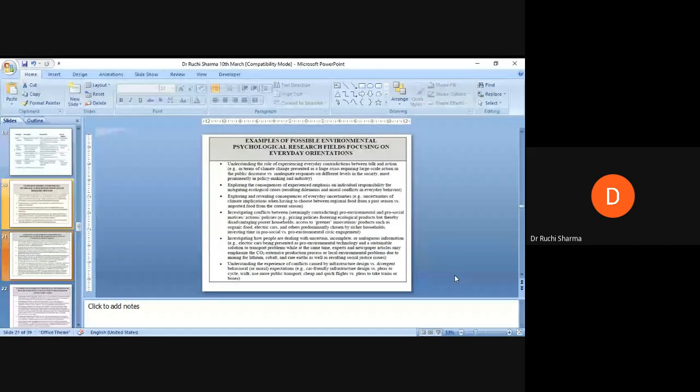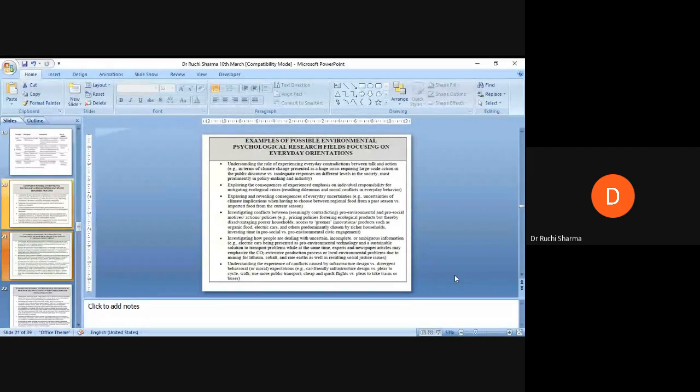So, understanding the experience of conflicts caused by infrastructure design versus divergent behavior or moral expectations is taken into consideration. For example, car-friendly infrastructure design: on one hand, the infrastructure is made so that people can have smooth driving experiences, and on the other hand, we are asking them to use more cycles, not to use vehicles, to use more public transport, while cheap and quick flights are available versus trains or buses.